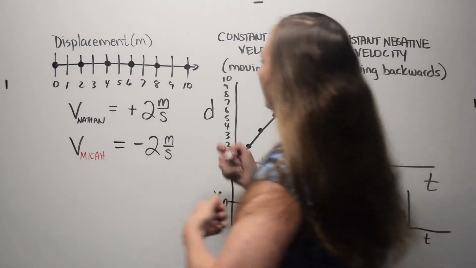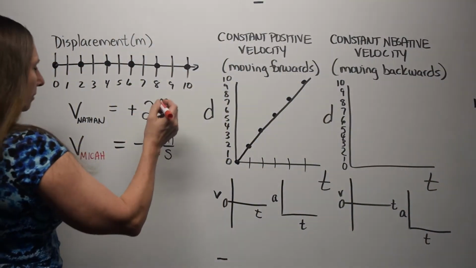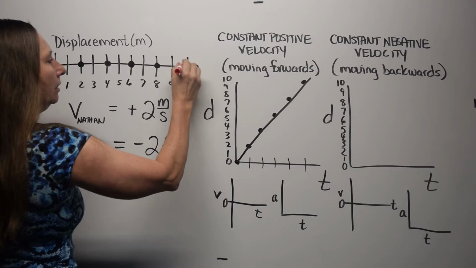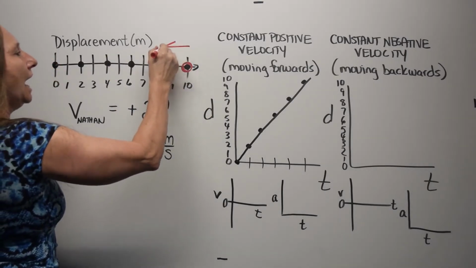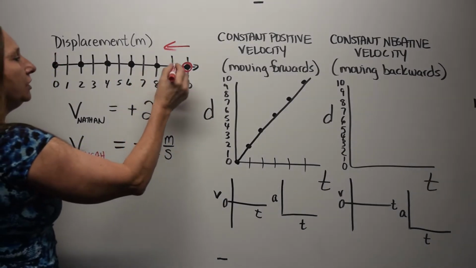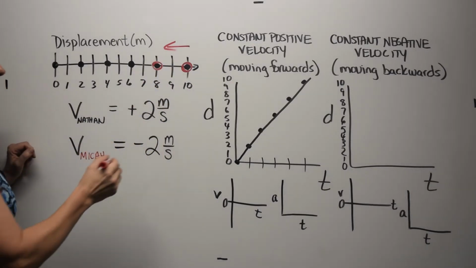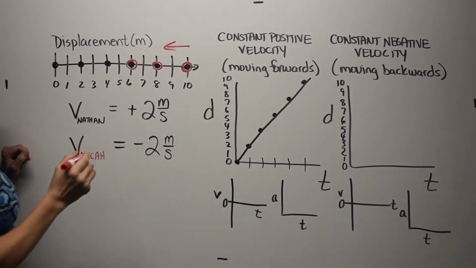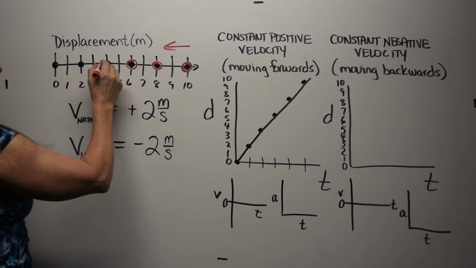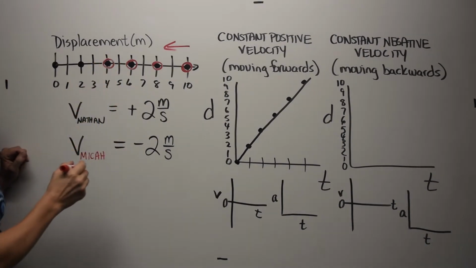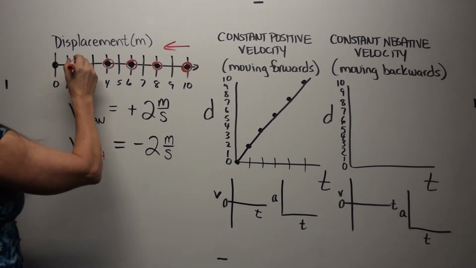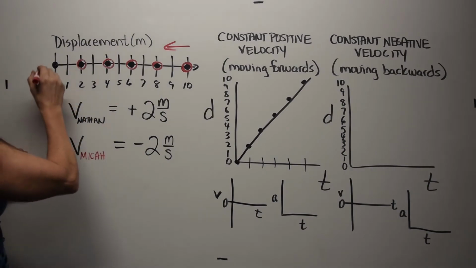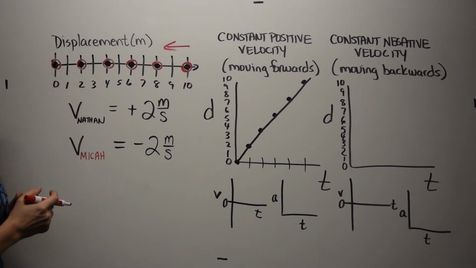So let's start Micah over here, but he's going that way. After 1 second, he's at 8. After 2 seconds, he's at 6. After 3 seconds, he's at 4. After 4 seconds, he's at 2. And after 5 seconds, he's at 0.